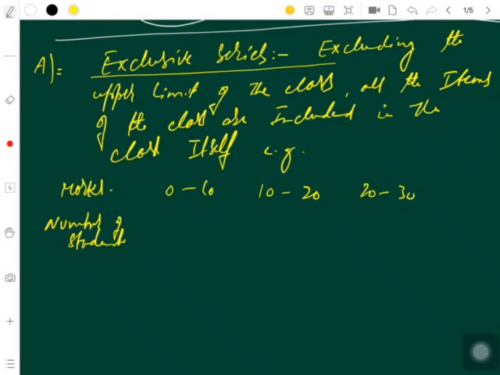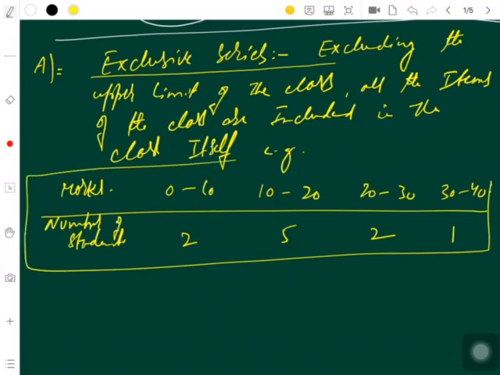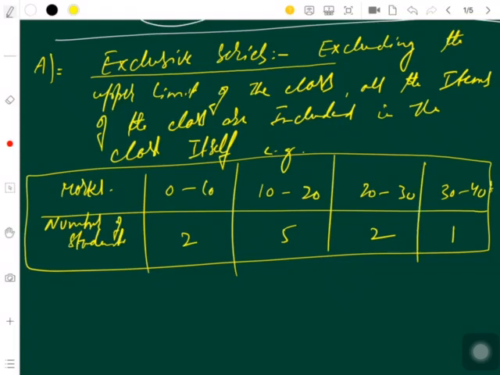Now you know what I am talking about. 30 to 40. Let us say there are 2 students in this category, 5 students in this category, 2 students in this category, 1 student in this category. This is a table of yours. I made it in the horizontal shape. Got it? So what I mean is, excluding the upper limit of the class, all items of the class are included.